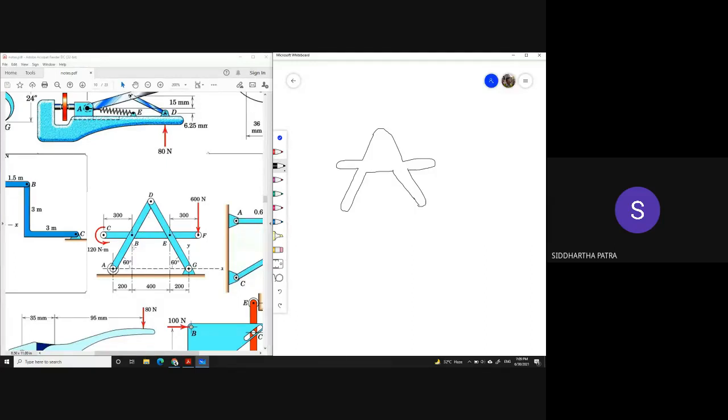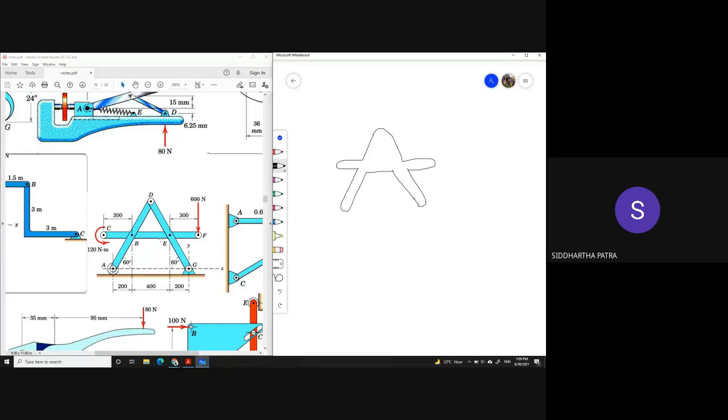But since I'm drawing the free body diagram of the whole structure, that means the actions and reactions at E combine, and they essentially don't show up in the free body diagram of the whole structure.